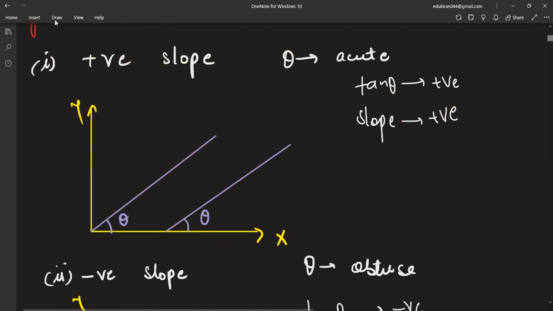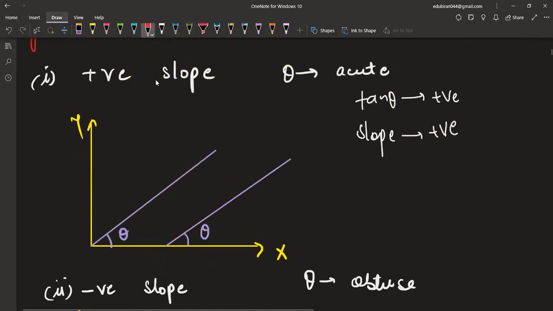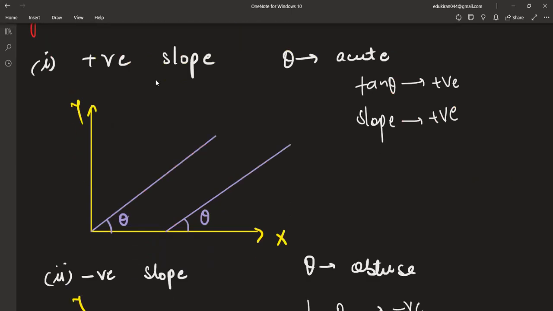Now from this you have different types of graphs. Positive slope graph. See, if this angle is acute, acute angle means theta is less than 90 degrees. 30 degrees, 40 degrees, 45 degrees, 60 degrees, all these values are the angle subtended by the third quantity.